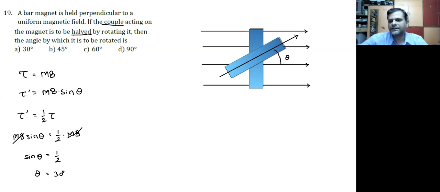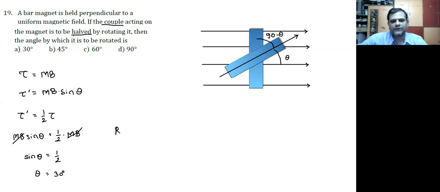But what we have to find out is the angle by which the मैग्नेट इज टू बी रोटेटेड, देखो तो हमको निकालना क्या है, एंगल थ्रू विच द मैग्नेट इज रोटेटेड। तो अभी मैग्नेट कितने एंगल से हमने रोटेट किया, जबकि वो पहले परपेंडिकुलर था। तो उस केस में जितने एंगल से वो रोटेट किया जाएगा, वो एंगल निकालने के लिए हमको क्या करना पड़ेगा, इस 90 में से थीटा माइनस करना पड़ेगा। तो 90 minus theta will actually be the angle through which this magnet has to be rotated here.